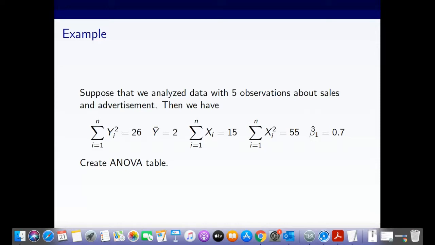We have the sum of yi square and y bar, so you can easily calculate the SST. And then we have the sum of xi equals 15 and the sum of xi squared is 55, and also we have beta 1 hat squared, so we can easily calculate the SSR.